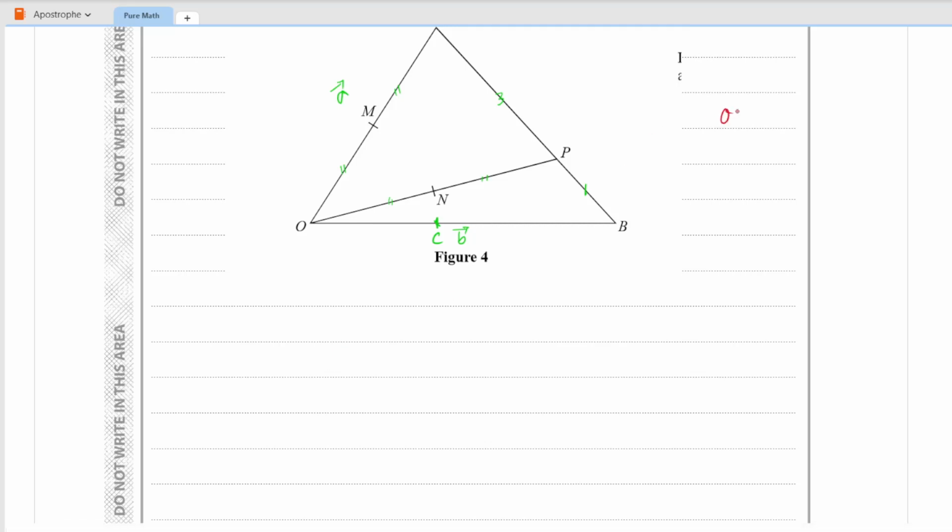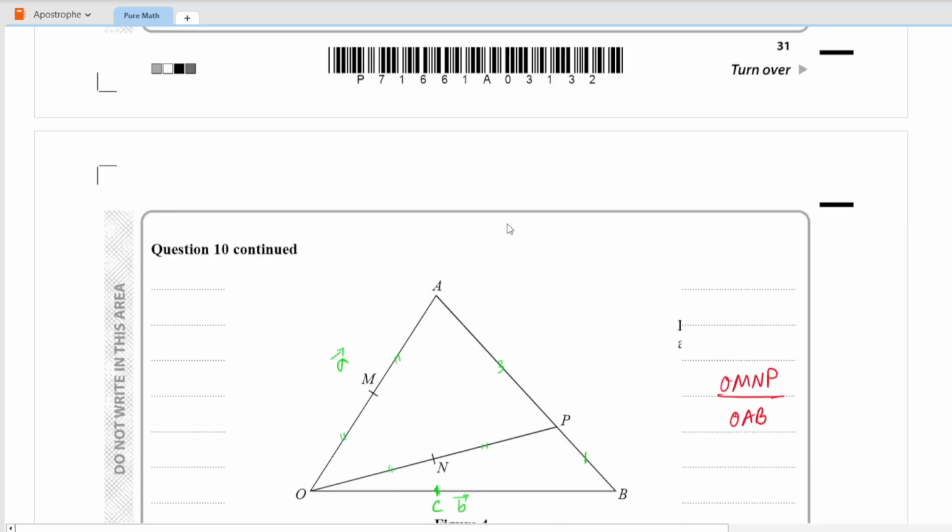Area of OMNP over area of OAB. Okay, before we do that, in these kinds of questions, you have to use the ratios and you have to find the similarities.